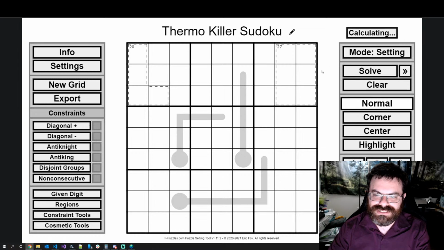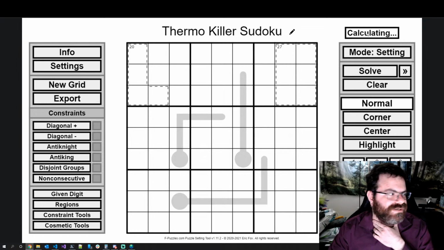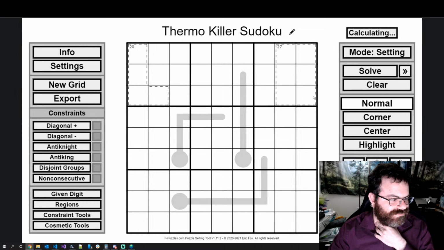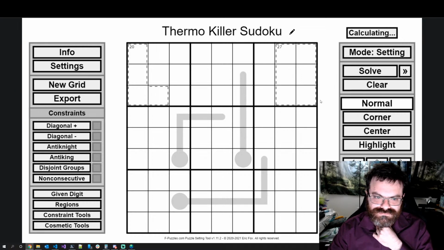This is still calculating, so give it a second. You can look up here. Once you start introducing killer cage constraints, it can start to get a bit messy in terms of time taken.